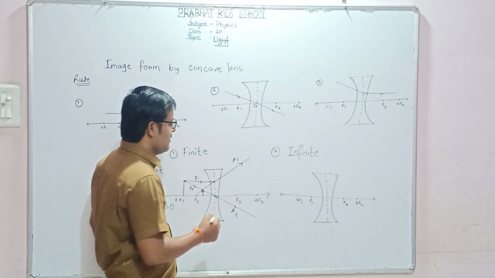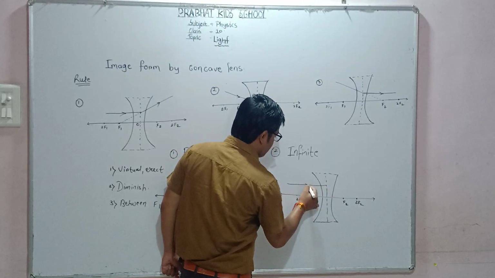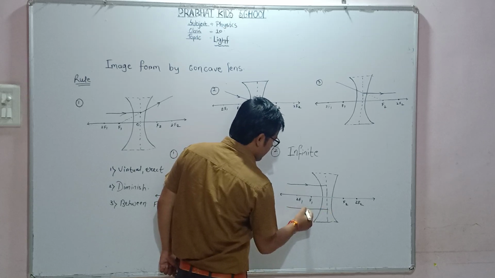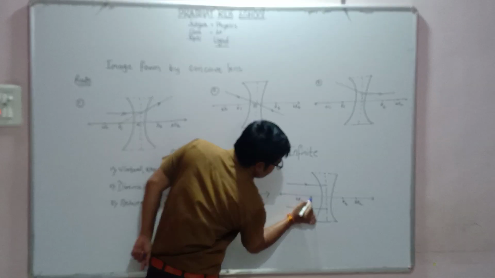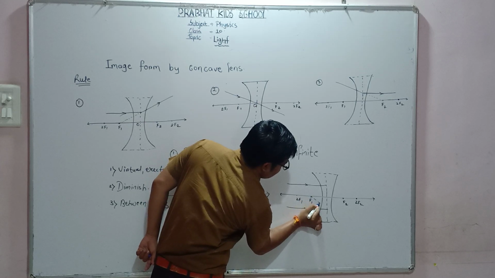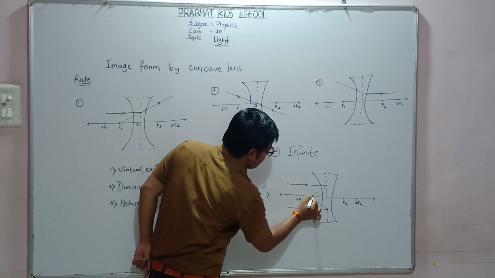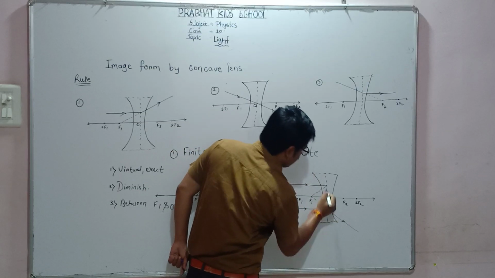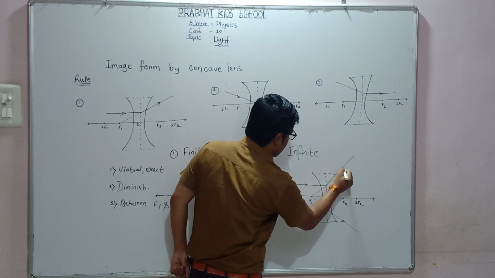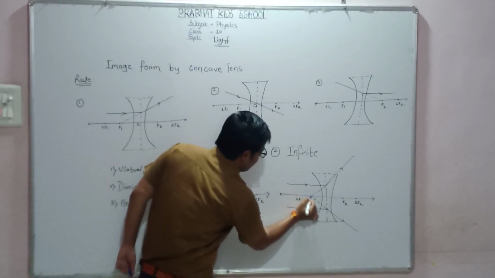So dear student, if the object is at infinity, all the rays are parallel. This is refraction 1, refraction 2, and we know the rule, all the rays appear to be diverged from the focus. So here is an object.